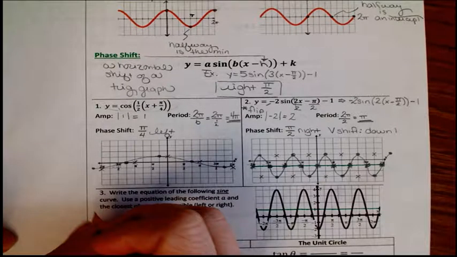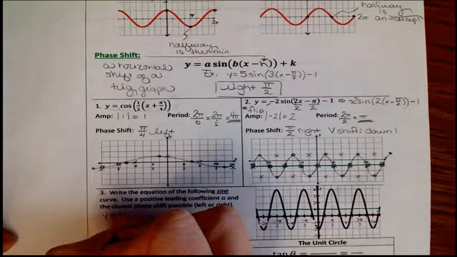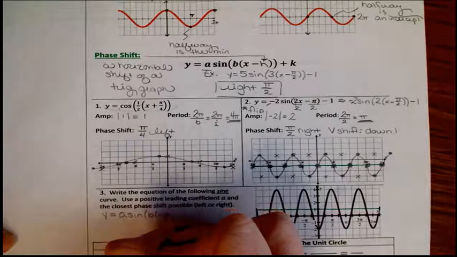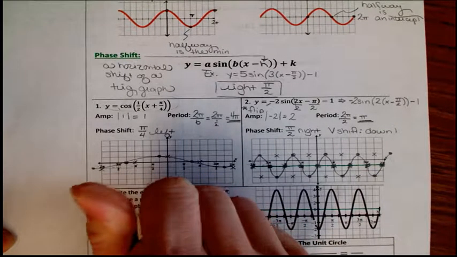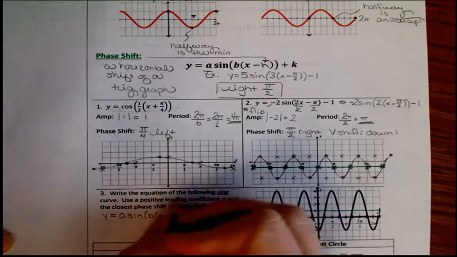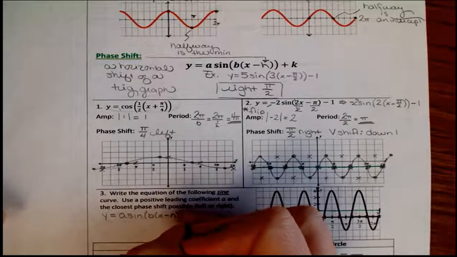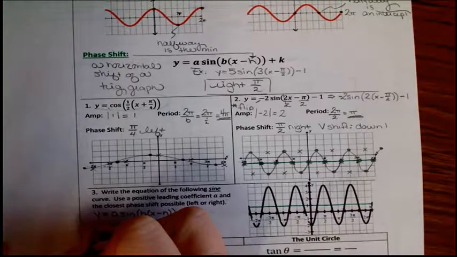So that kind of starts to give me my equation, remembering that it's going to look something like this. Y equals A sine B x. I don't know if it's plus or minus. Well, I'll just put minus h, and then my plus. Okay, so I know right now a couple things.